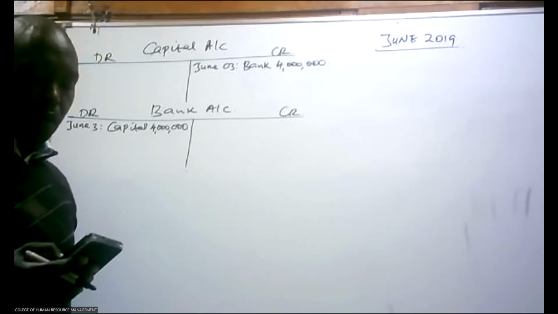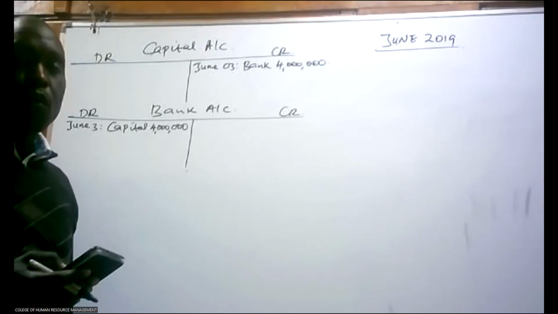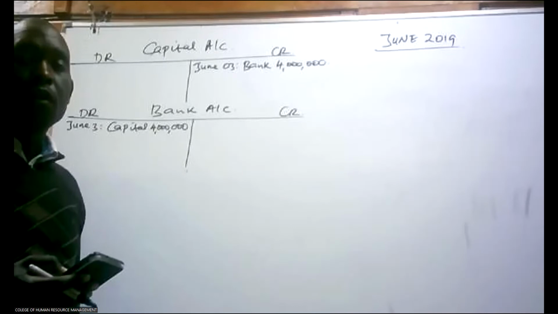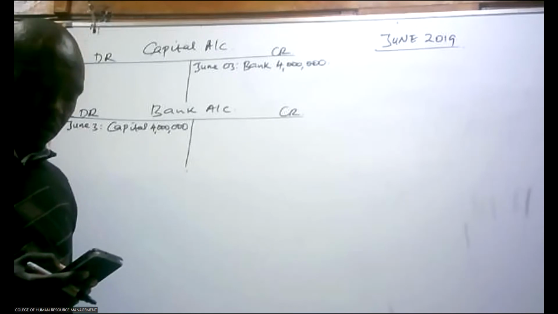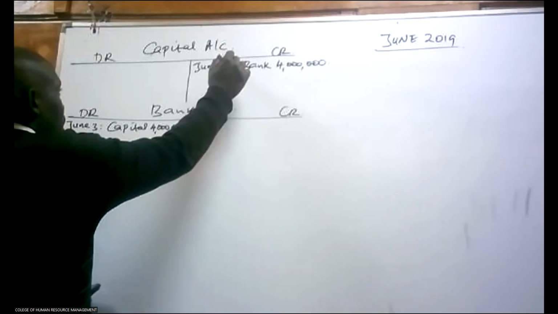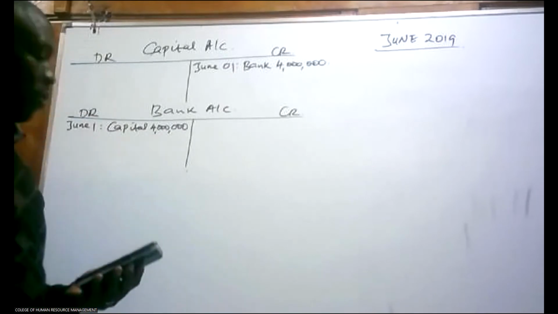June 6th. Bought stock worth 800,000 by cheque. When you buy stock, which is also the same as buying goods, you are supposed to... Let me skip this question. June 3rd, bought furniture worth 300,000. This was before that one.